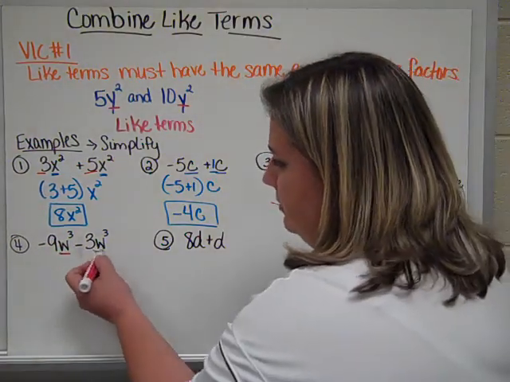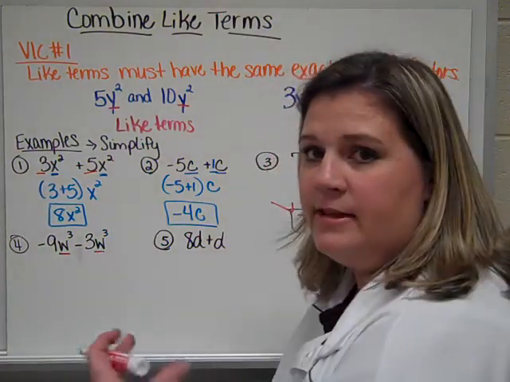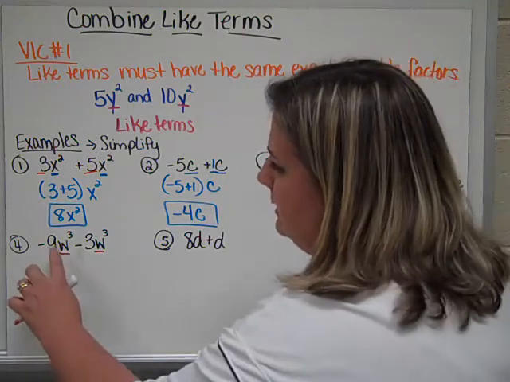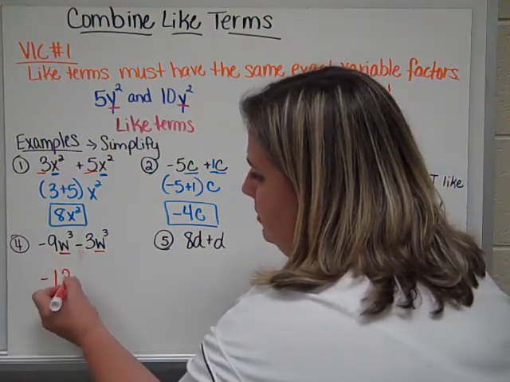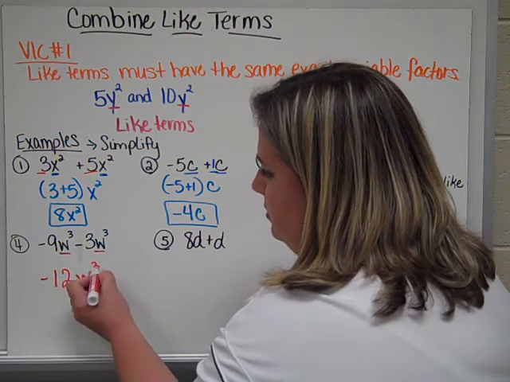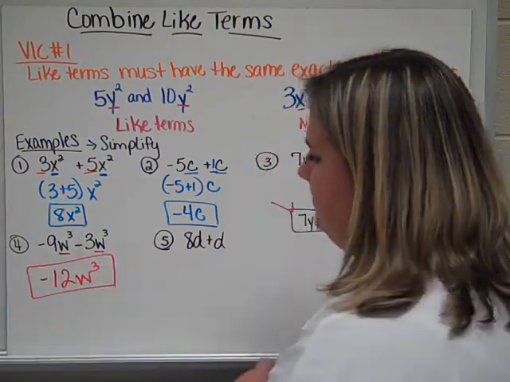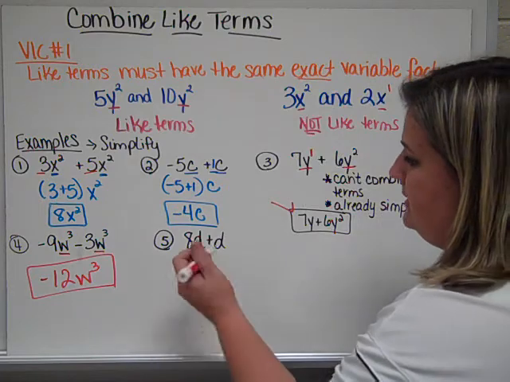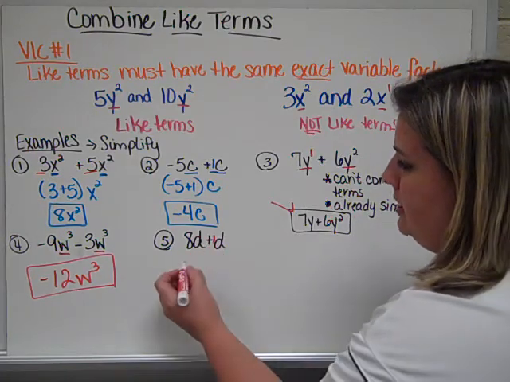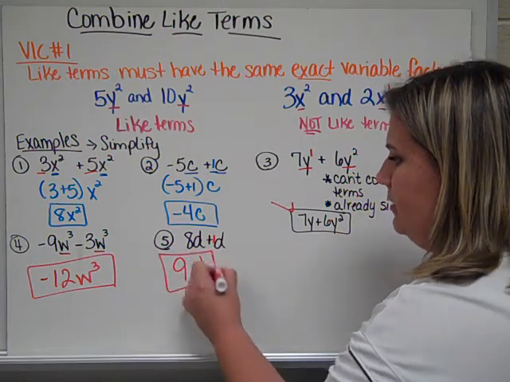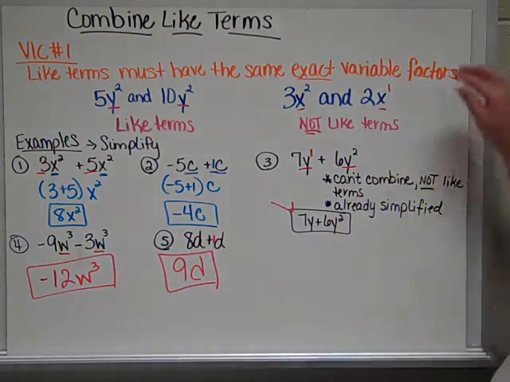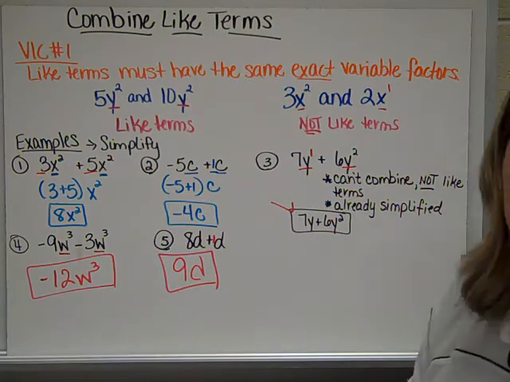I do have like terms, so again I combine them by combining the coefficients. Negative 9 minus 3, that is negative 12w cubed. Here, 8d plus 1d, combine them, positive 8 and positive 1, gives me a positive 9d.